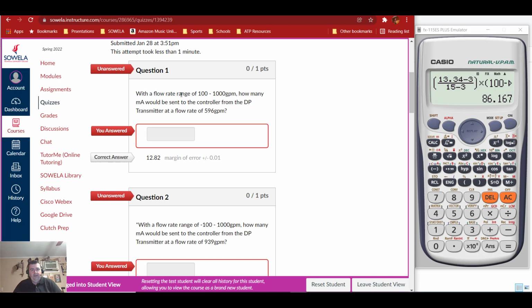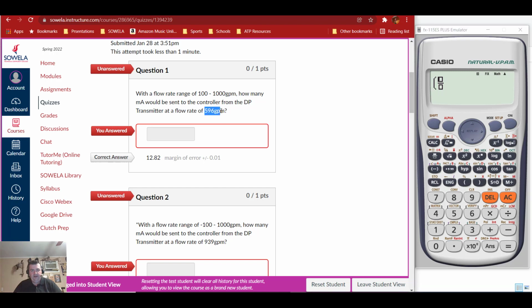Question 1. With a flow rate range of 100 to 1,000 gallons per minute, how many milliamps would be sent to the controller from the DP transmitter at a flow rate of 596 gallons per minute? So the first thing we notice here is we're looking for milliamps. So we're going to open parentheses, hit over under.